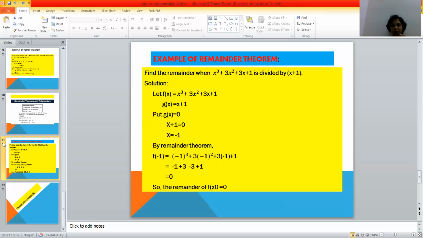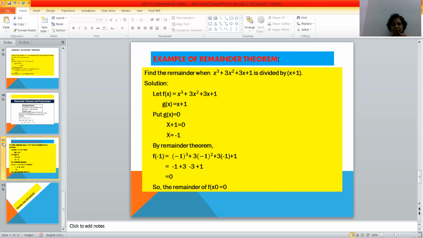Put g of x is equal to 0. Therefore, x plus 1 is equal to 0. Therefore, x is equal to minus 1. So, by the remainder theorem, wherever x is there, substitute x by minus 1.